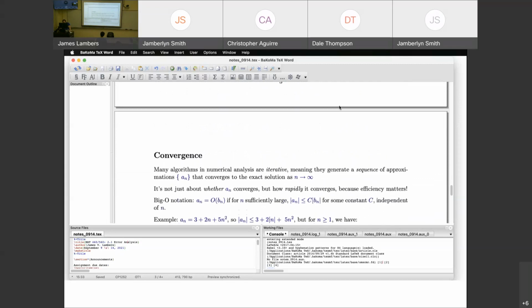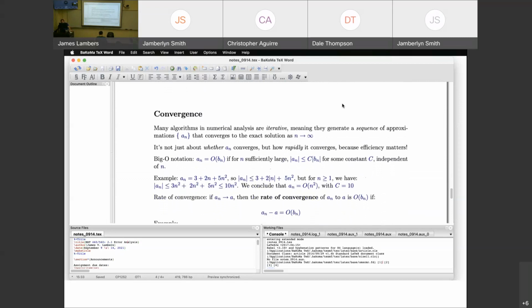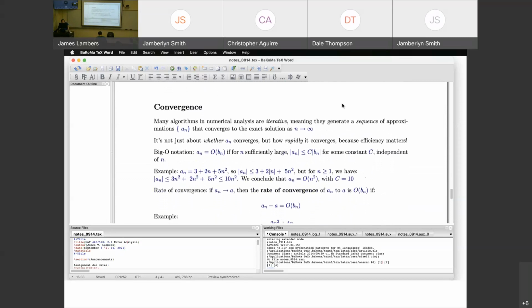All right, so here we have the second part of section 2.1 on convergence. What we're going to see in both courses in the sequence, 460 and 461, is that certain algorithms are iterative.